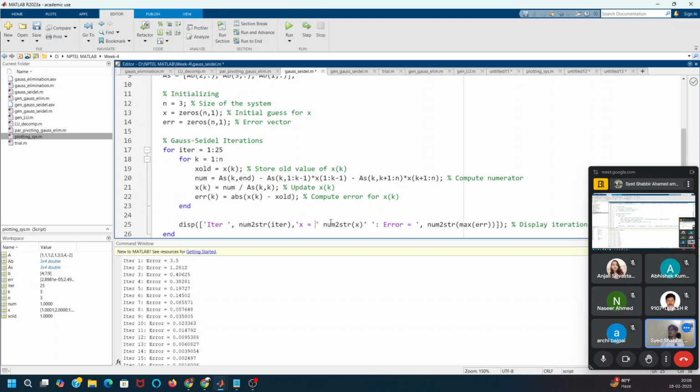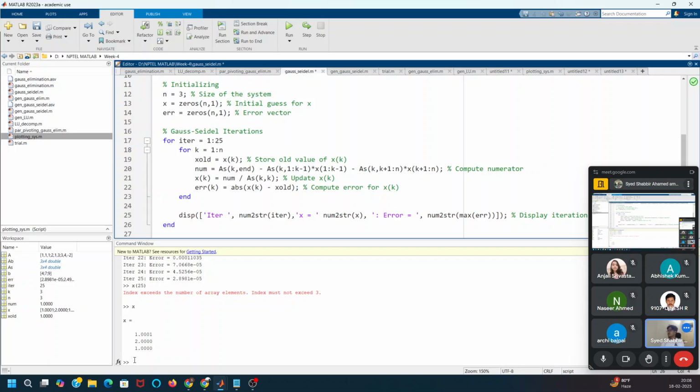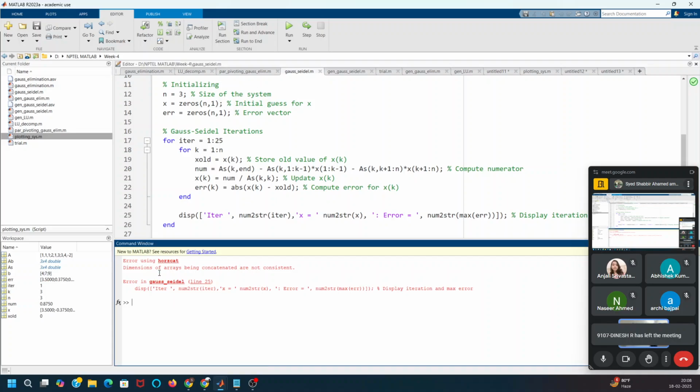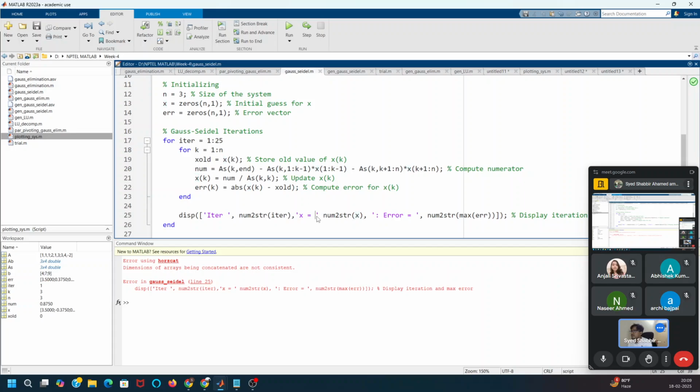So then here I have, just run it. Or I can just remove this.